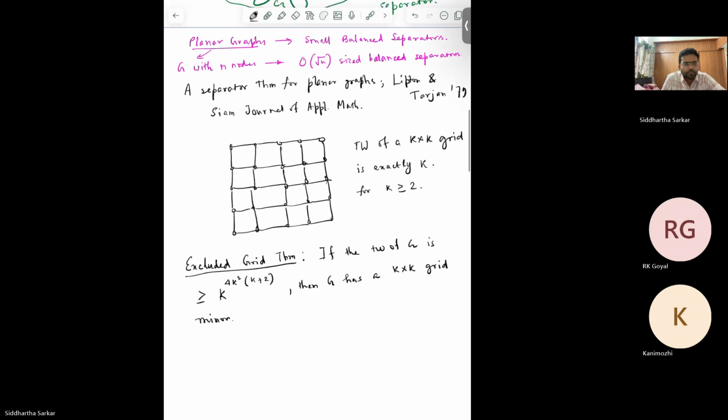In other words, if there is a large grid minor, it is a witness that the tree width is also large.